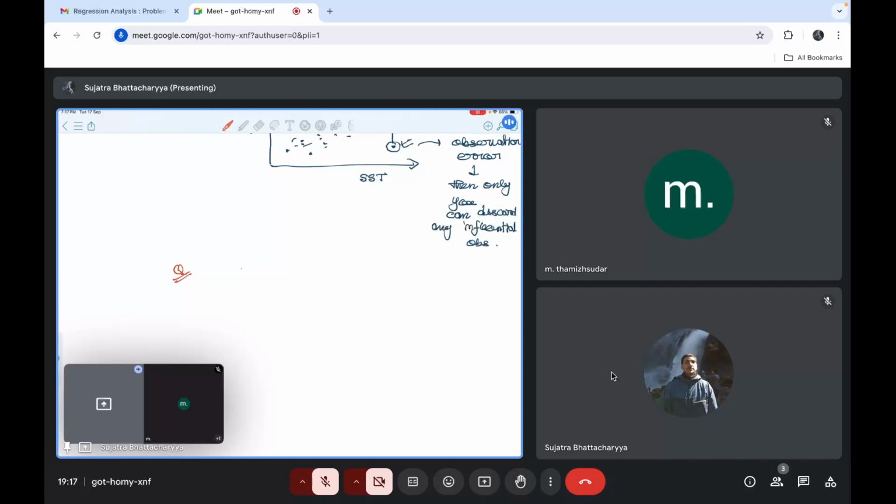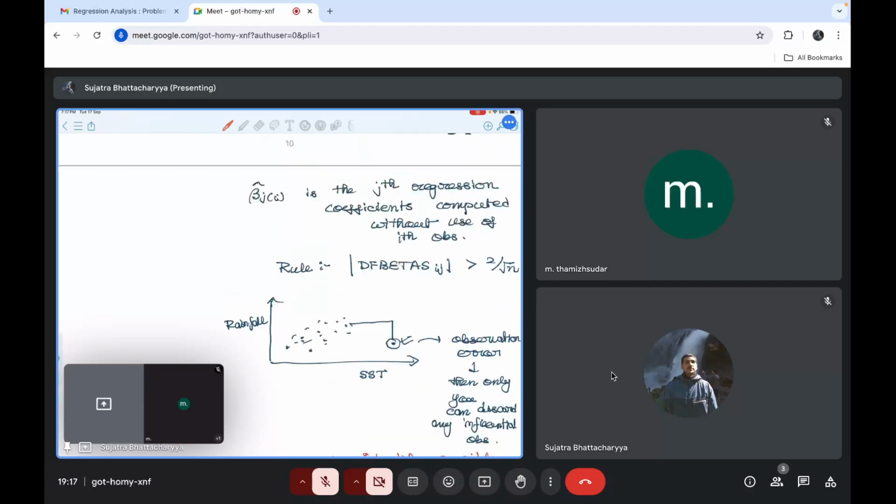So again, just like the previous one, in order to identify possible influential observations, the total number of DFBETAS computed. So how many? Is it equal to the number of observations or is it more than that? So just look into it.